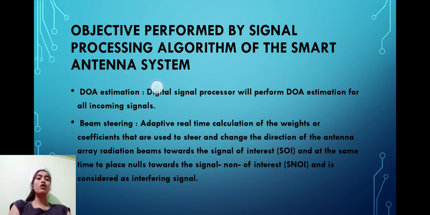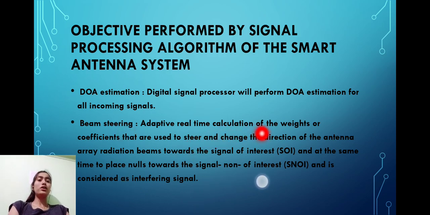Next comes the objectives performed by the signal processing algorithm of the smart antenna system. Firstly, it will perform the DOA estimation. The digital signal processor will determine the direction of arrival, from which direction the signal is coming. Secondly, it will perform the beam steering.